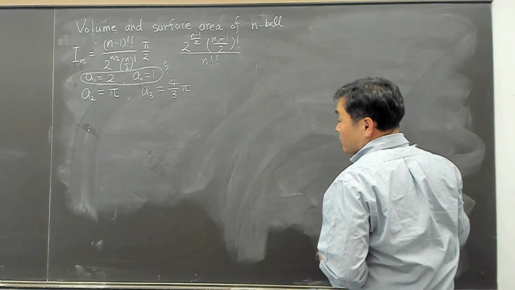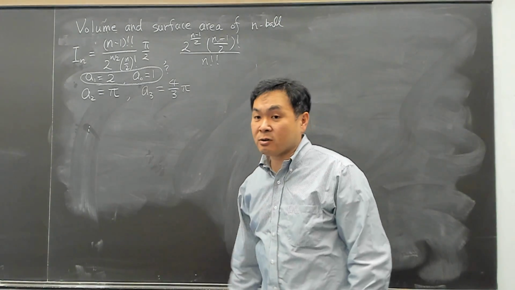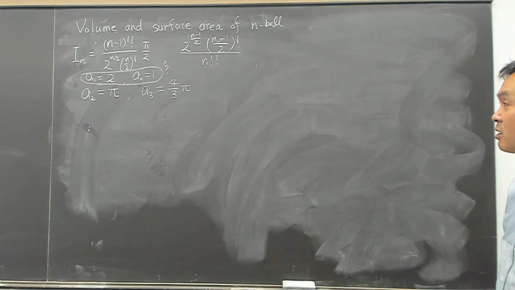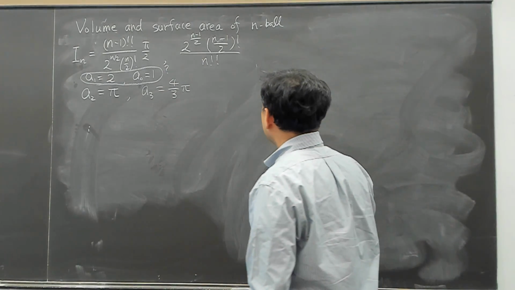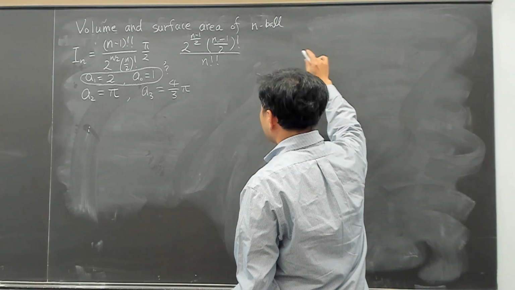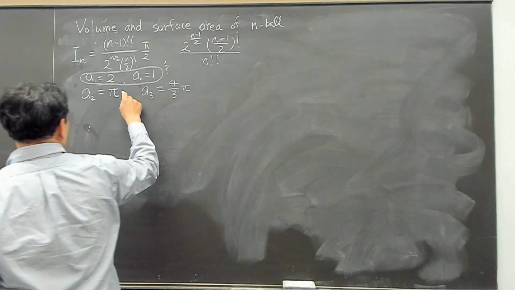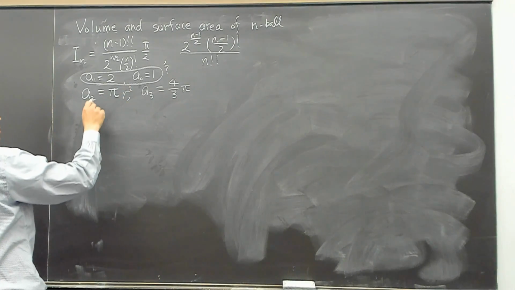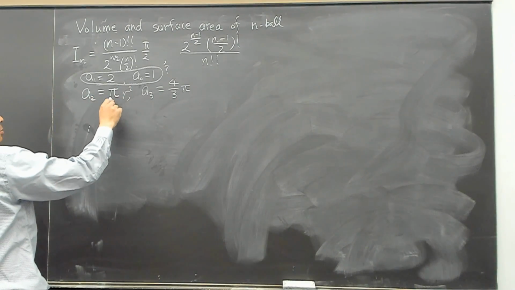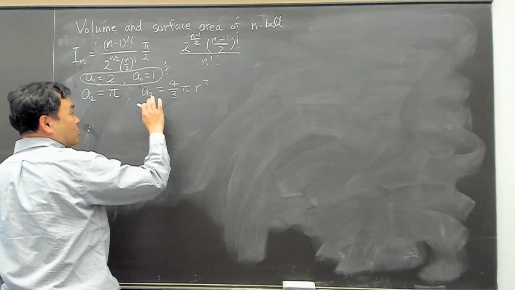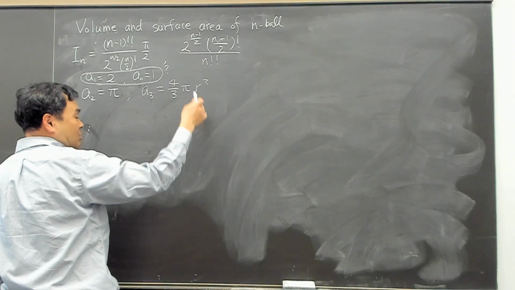Well, if you know the volume of a unit ball, then the volume of a radius r ball in dimension n would be, you just simply attach r to the power. So if I put r squared, because 2 is here, then pi r squared is the area, right? If I put r cubed for this 3, then this is the volume of the 3-ball.